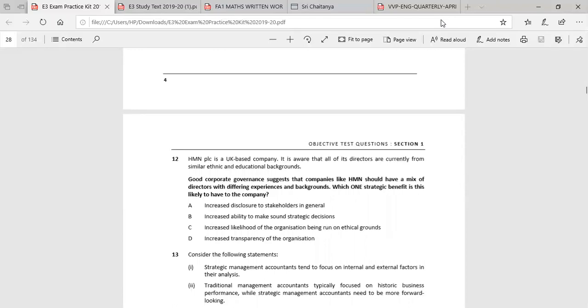Which one is the appropriate one? B is the answer.